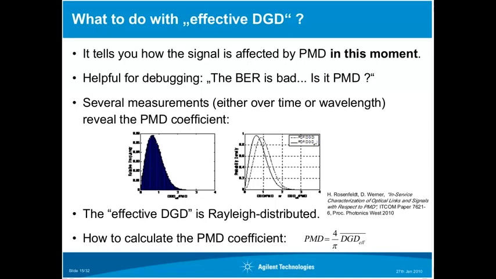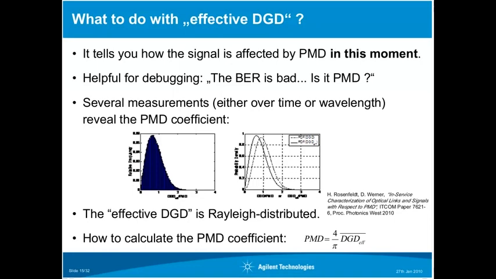Now, if you do several measurements of the effective DGD, and you can do this either by taking different channels, or you just measure the effective DGD over time, let's say a couple of days or weeks, then you will see the effective differential group delay has some statistical properties.